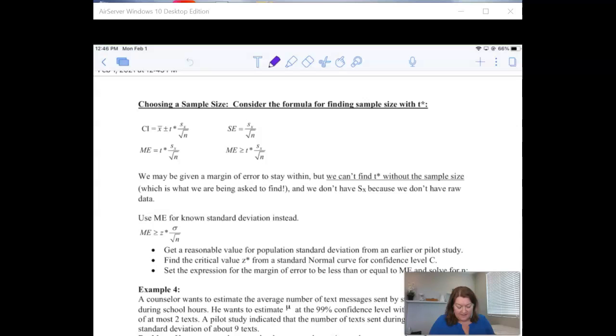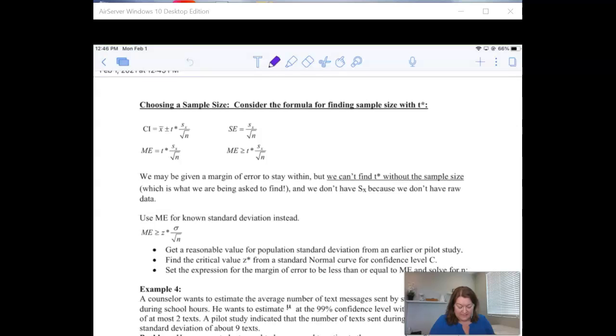If they give us the t star score, then I could use that. But what if I don't have it? If the t star score is not given, and I probably won't know sample size, because that's what they're asking us to solve, I won't be able to calculate degrees of freedom.